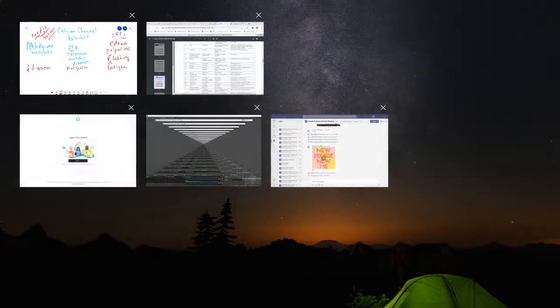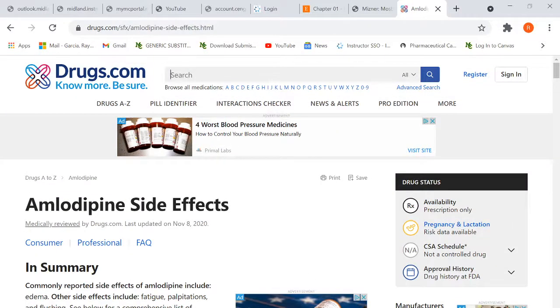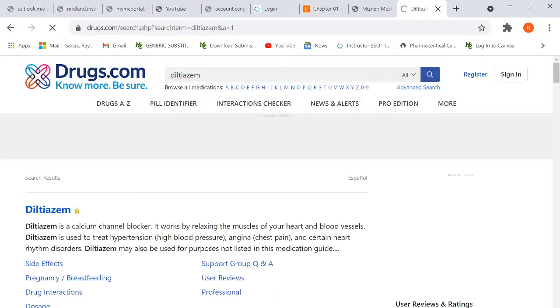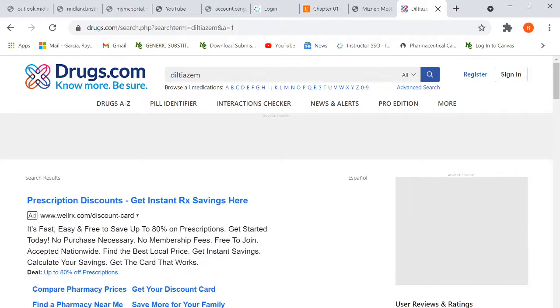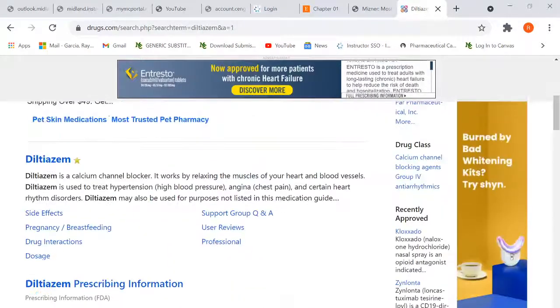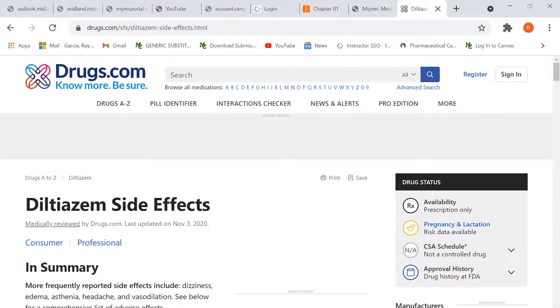Let's look at what the side effects are. Dizziness, edema.